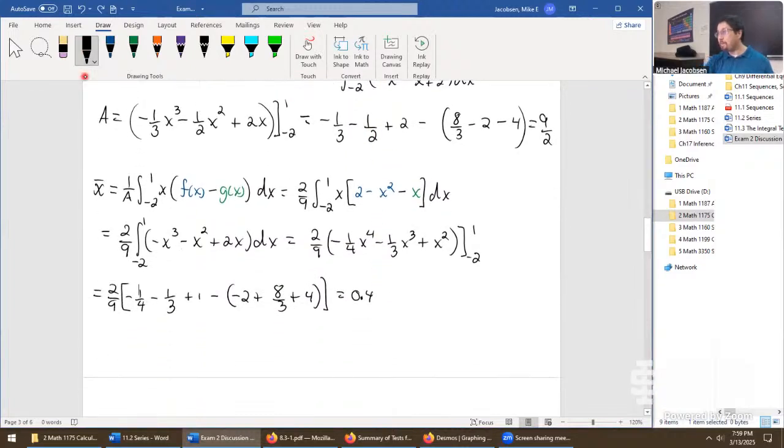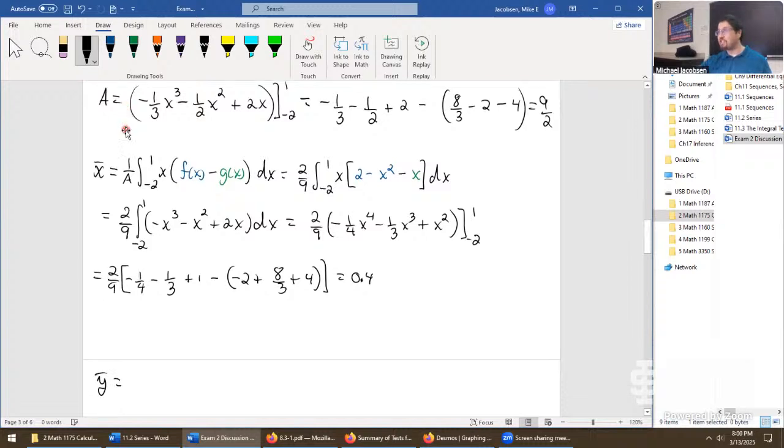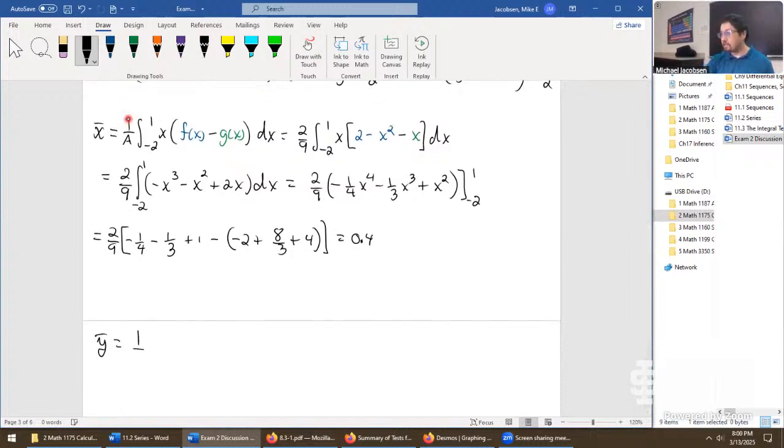Now, one more, y bar. Running out of space pretty quickly on this. Formula for y bar is reciprocal of area, go from -2 to +1, throw in an extra factor of a half. And this part is legitimately confusing. Watch out for this step.